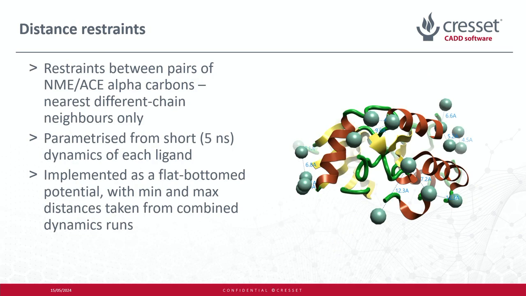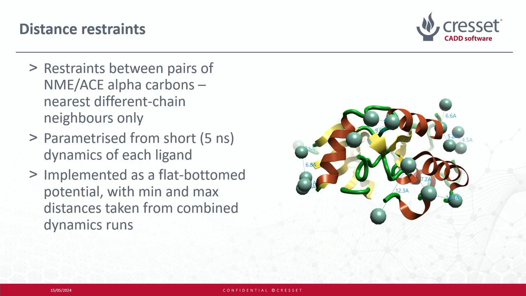So I then went ahead to look at whether there's a different way you can do this, and I did this using distance restraints. The way this was implemented is that, in this model of the protein, I've highlighted the capping residues, and we're applying flat bottom distance restraints between essentially the closest pairs of those capping residues.